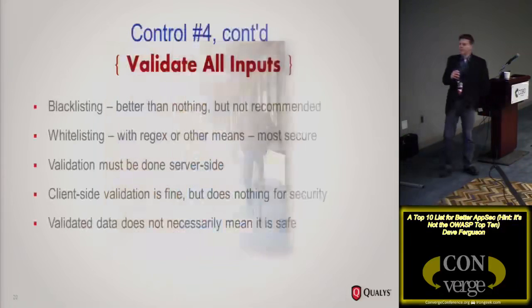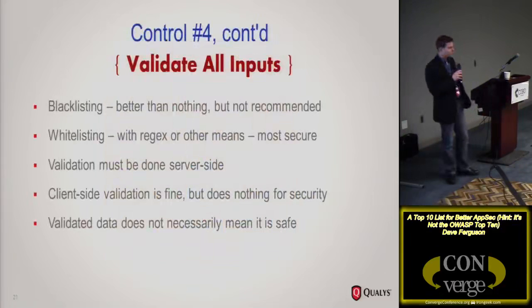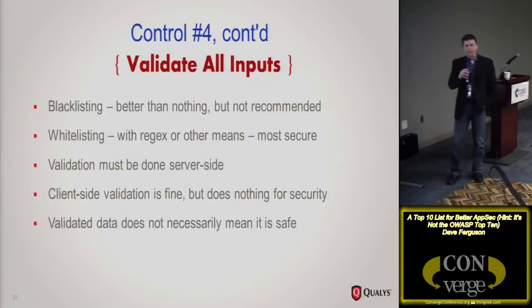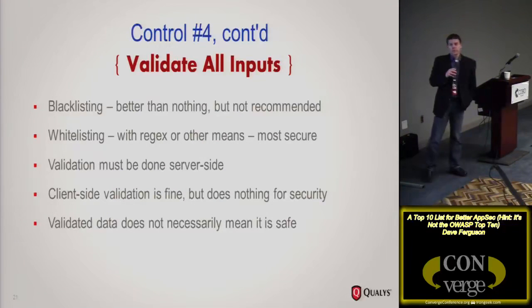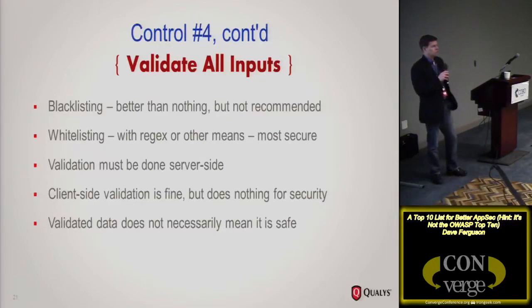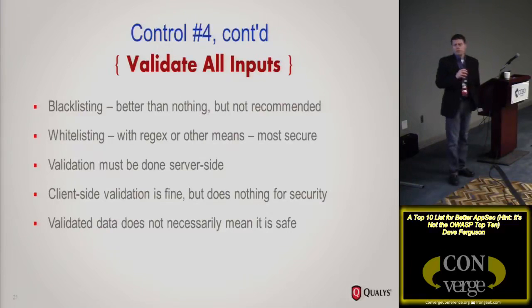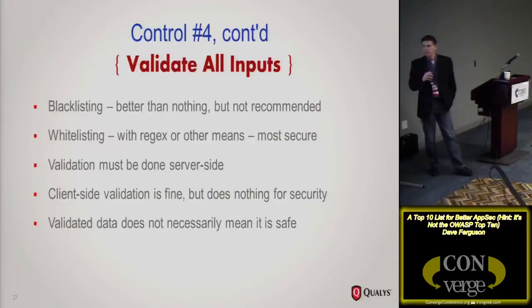Types of validating data: the blacklisting approach is better than nothing, but again, you may have forgotten something, so you can get around it. Whitelisting is much more secure. Usually, if you can use regular expressions, that's a great way to do whitelisting data validation, and it's the most secure way to do it.